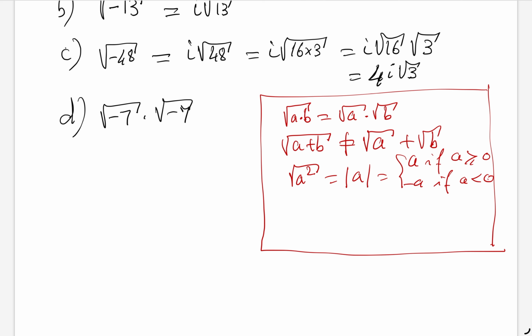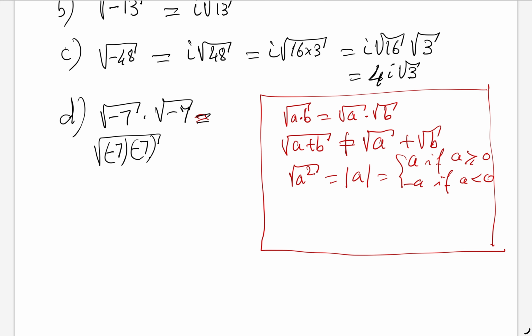Now the question is how to solve it. You can do it in different ways. This one is equal to, using this one, the square root of negative 7 times negative 7.